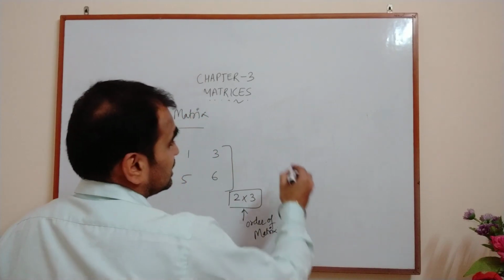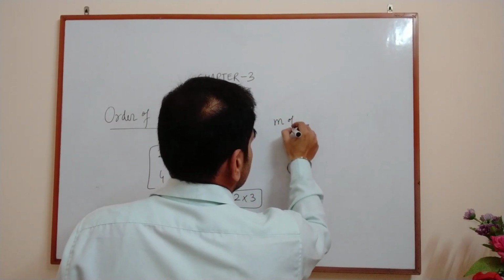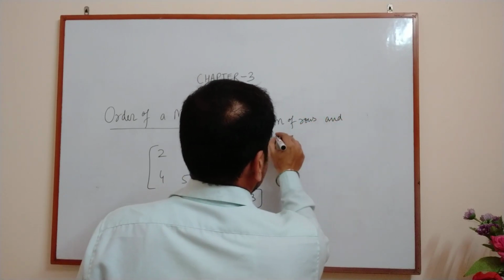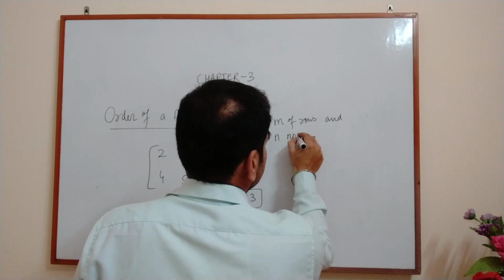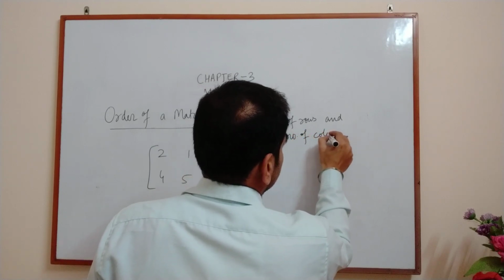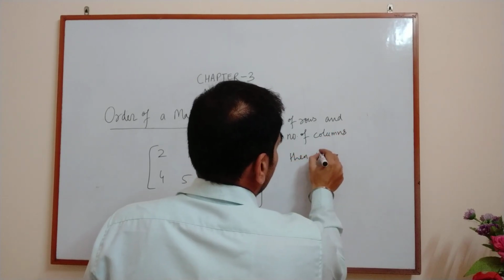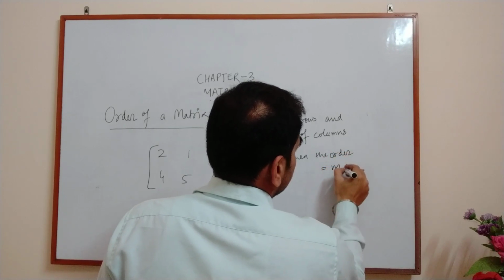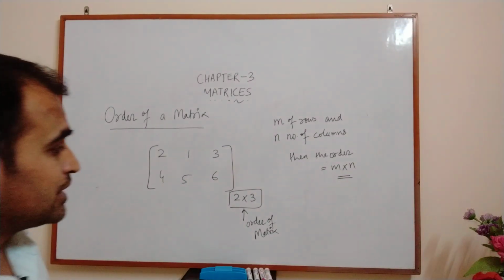If there is a matrix having m rows and n columns, then the order is equal to the number of rows into the number of columns. So m into n is the order of the matrix.